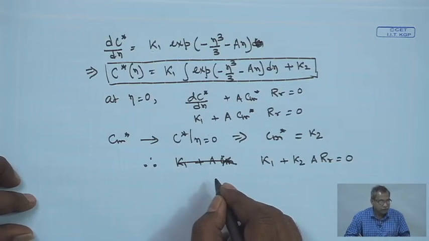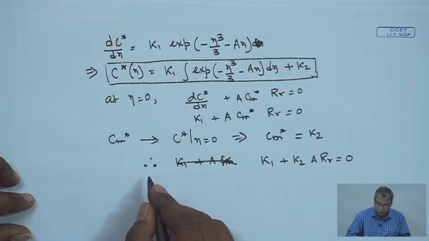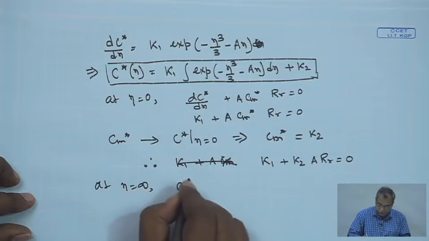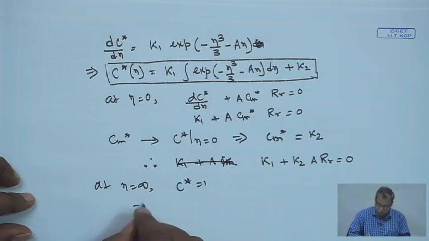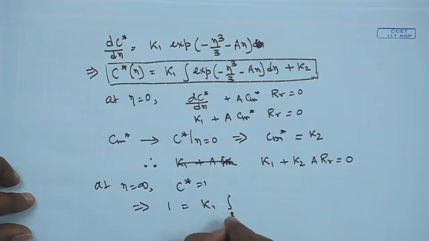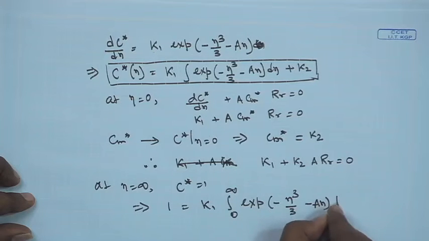So, now let us look into the other boundary, at eta equal to infinity, C star equal to 1. Therefore, 1 is equal to k 1 times the integral from 0 to infinity of exponential of minus eta cube by 3 minus a eta, d eta, plus k 2.